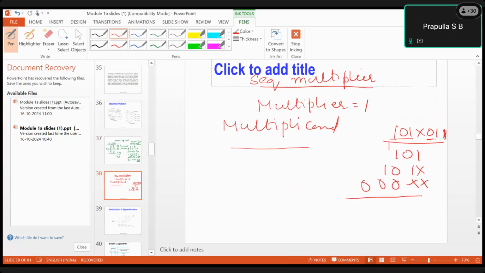So 0 has no value. When you are performing an addition, whether you add 0 or not does not make any difference. So with this logic, they have designed the sequential multiplier circuit that I'm going to show next.